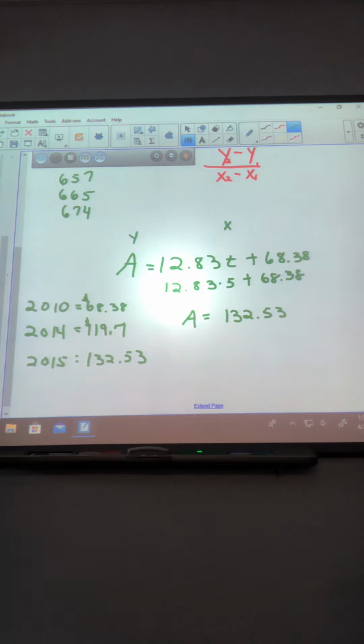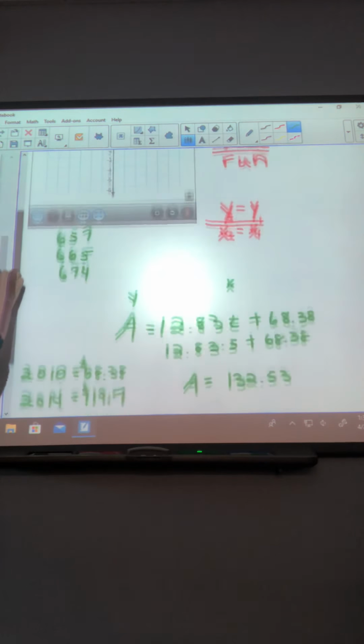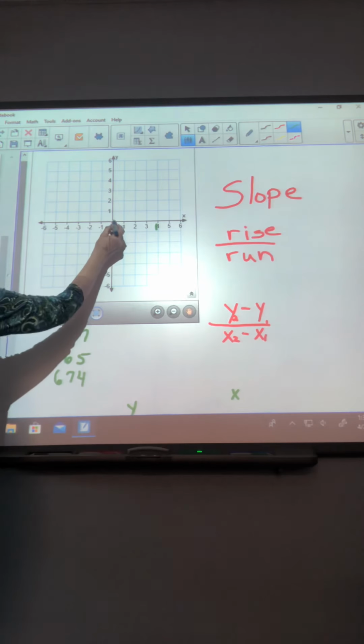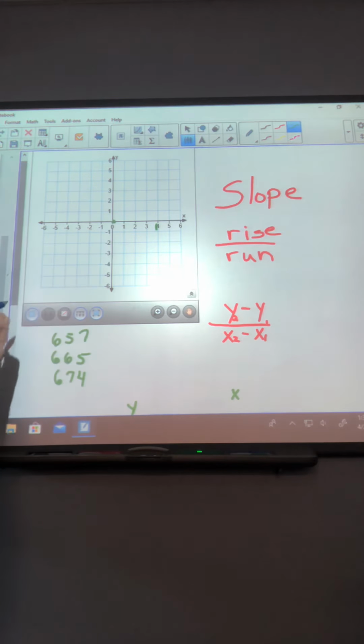And so we have 2010, and we have 68.38. So this represents 2010, and then the 68, we're going to have to use this for our numbers.